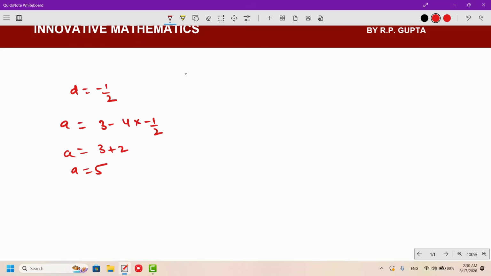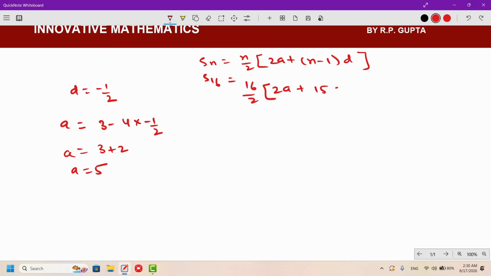So Sn equals n by 2 into (2a plus (n minus 1) into d), and S16 equals 16 by 2 into (2a plus 15d). That is 16 by 2 into (2 into 5 plus 15 into minus 1 by 2).